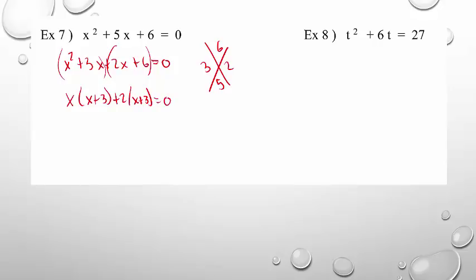So I have x plus 2 times x plus 3 equals 0. I kept that equals 0 there the whole time because a lot of kids forget about it. You are not done because this does have an equal sign. You need to solve. So all you really have to do is take each parenthesis, which includes x plus 2 and x plus 3, and set each one equal to 0.